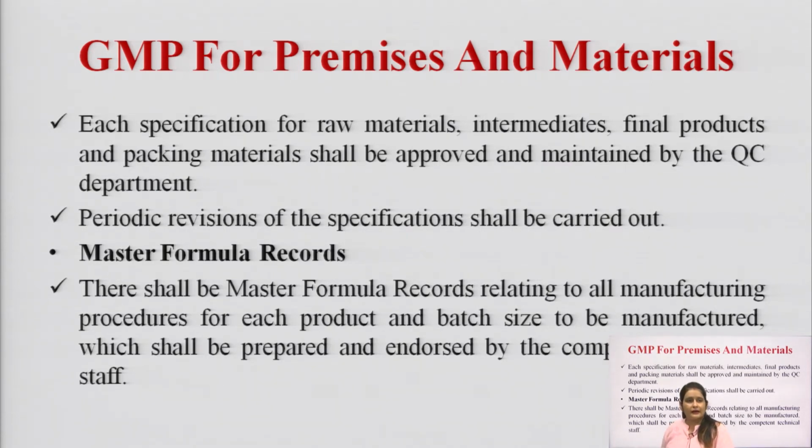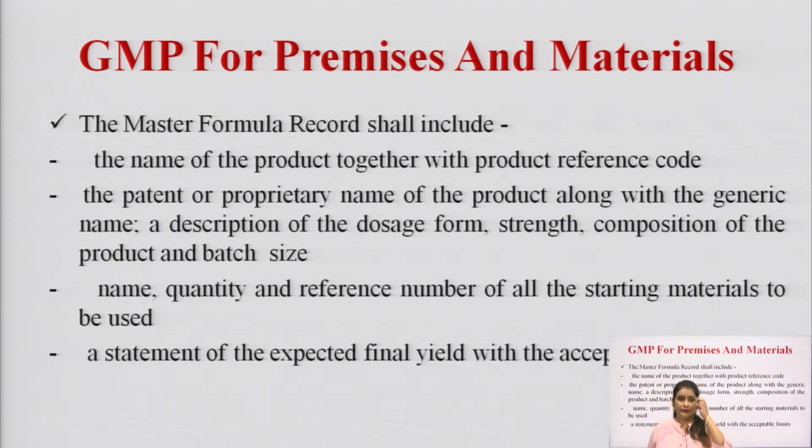It is the standard manufacturing procedure for each product and batch size to be manufactured, which shall be prepared and endorsed by the competent technical staff. So, MFR is prepared by the production head for the batch size which has to be manufactured in the company. The master formula record consists of so many things.